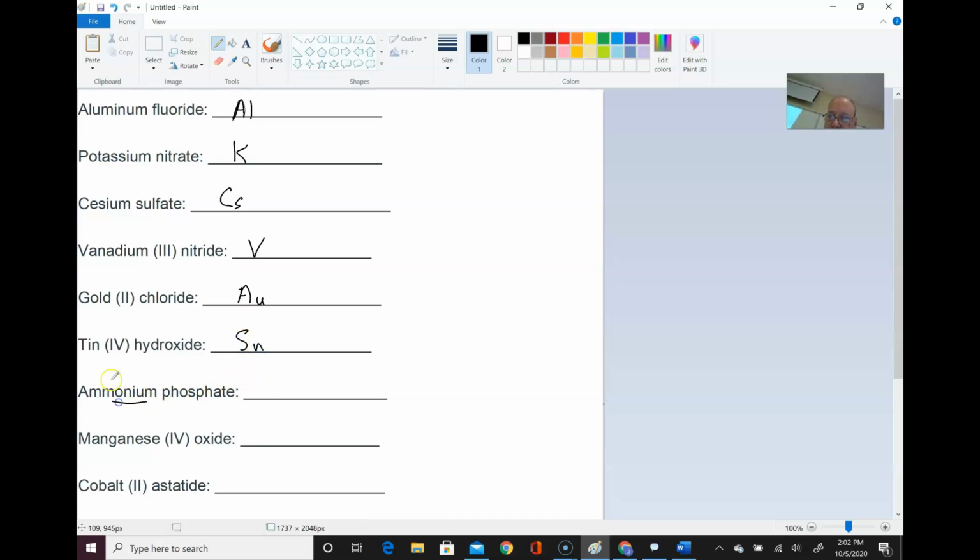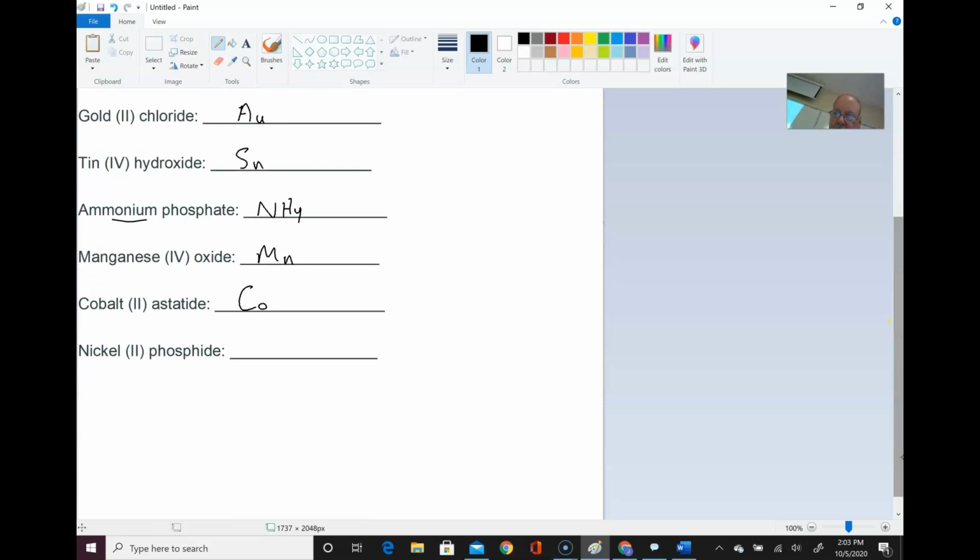Ammonium is our one and only polyatomic ion, so NH4, then manganese, Mn, and cobalt, Co, and then nickel, Ni.